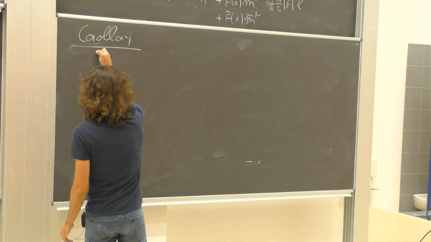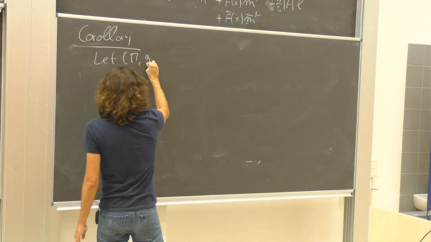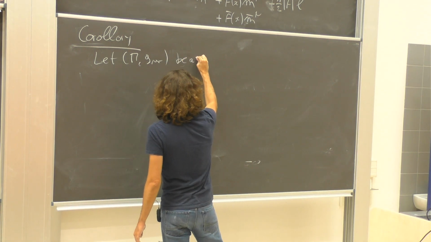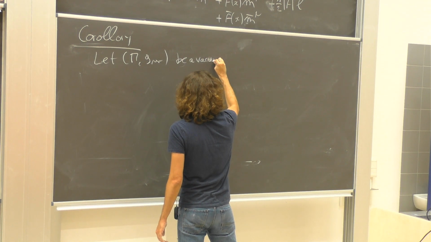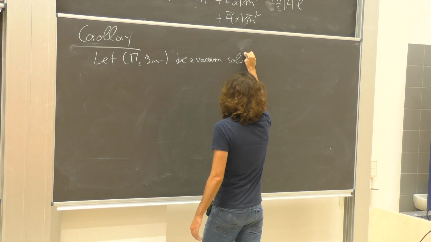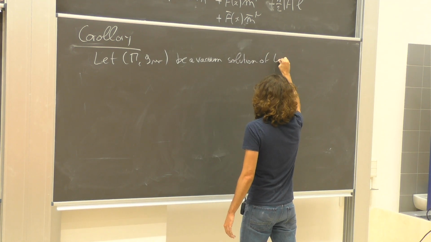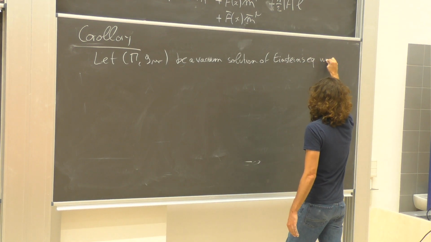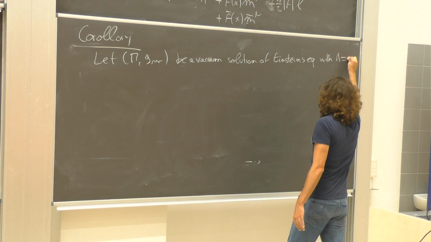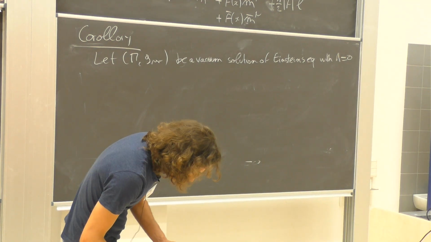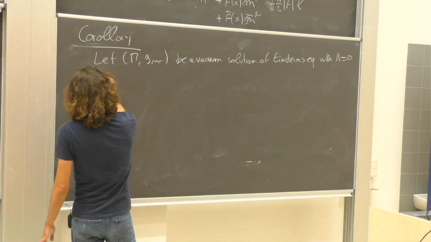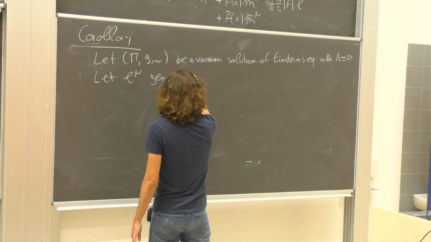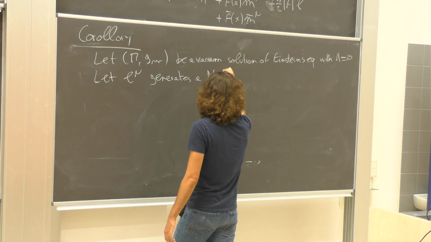Okay, so let g mu nu be a vacuum solution of Einstein's equations with lambda equals 0. Let L mu generate a null geodesic congruence.